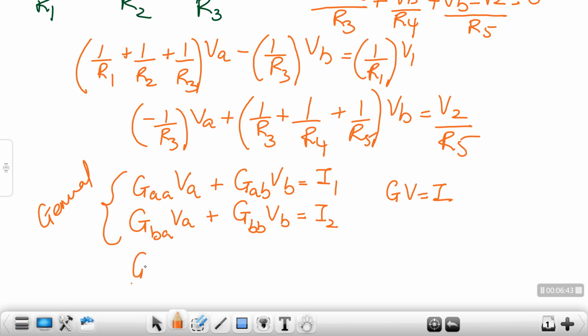Now GAA is nothing but 1 upon R1 plus 1 upon R2 plus 1 upon R3.